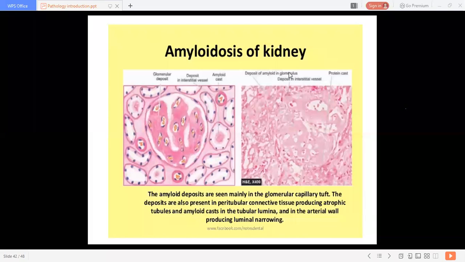So whenever there is inflammation, or whenever any foreign organism enters your system, in inflammatory conditions, these plasma cells get activated, and they activate the immunoglobulins to take part in this reaction.